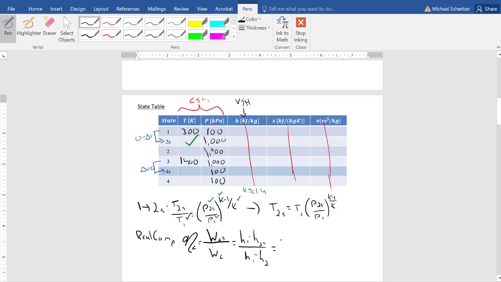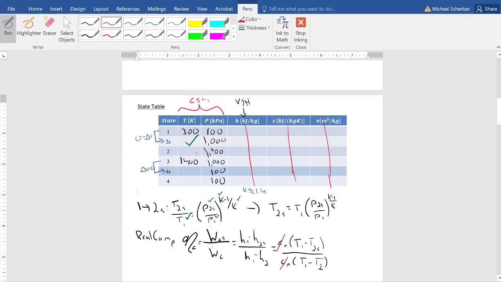So now I'm going to take out the specific heats on the top and the bottom. So this is going to be T1 minus T2S divided by, so this would be Cp, T1 minus T2. So now there's a couple ways this problem could ask this, right?